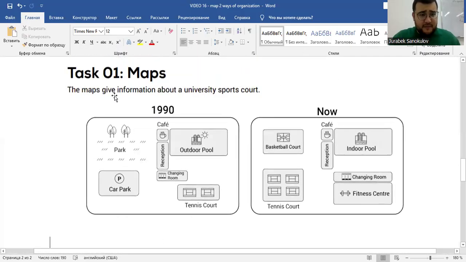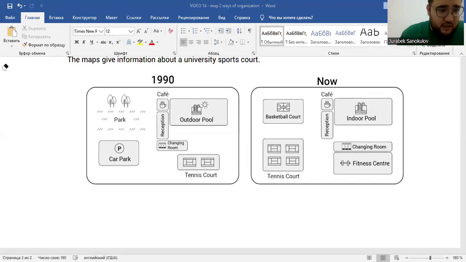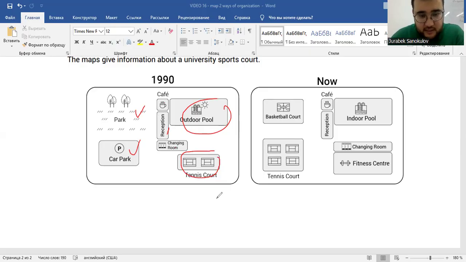So the maps give information about a university sports court. So let's see what's going on in the university sports court. So there was a park and a car park, reception, changing rooms, cafe, outdoor pool, and a pair of tennis courts. Then what happened? So cafe and reception didn't change, but changing rooms were expanded eastward.